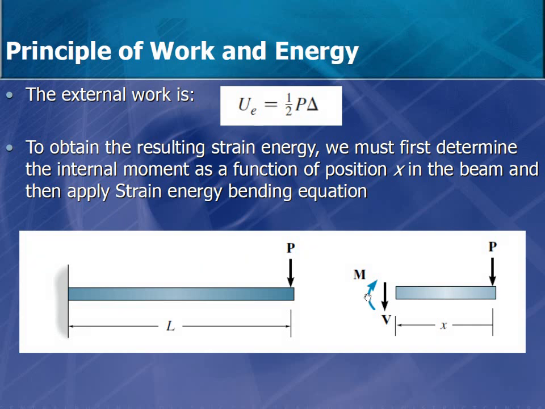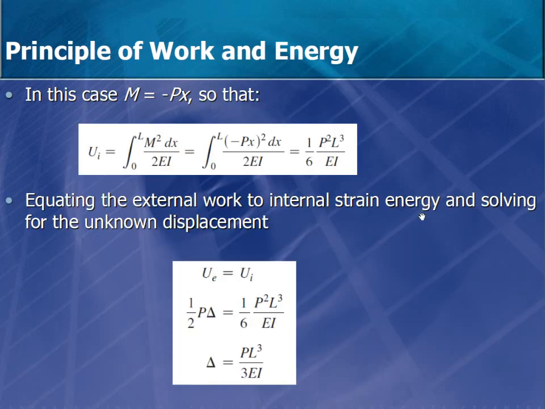So let's assume that we have a moment in a positive direction, and the moment will be, since they are the same rotation, minus Px. The moment will be minus Px. Now minus Px means that it depends on the x. Anywhere that you go, it's not going to be the whole energy, so I have to take integration in order to find it.